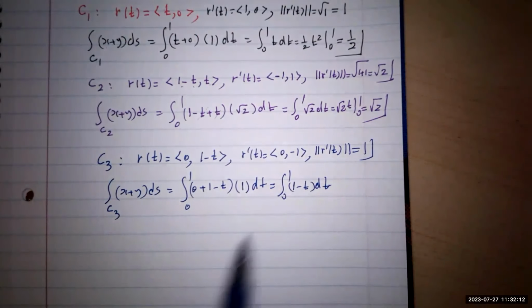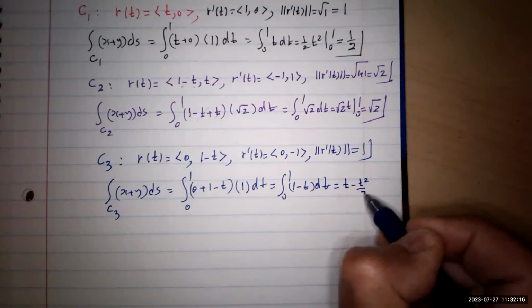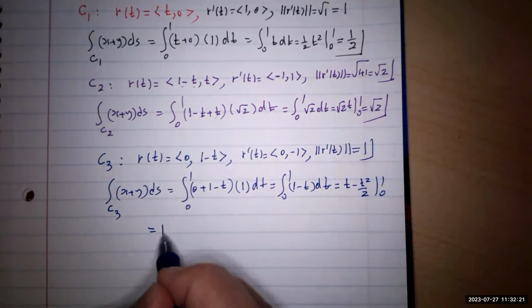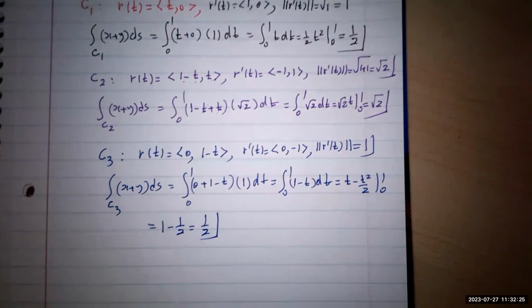Then you integrate it. So that gives t minus t squared over 2 from 0 to 1. And so that gives you 1 minus 1/2, which is equal to 1/2. There you are.